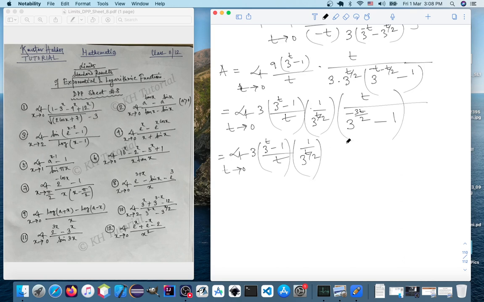So minus 3 by 2 over here, we have to multiply with minus 2 by 3. Now we can apply the direct result.